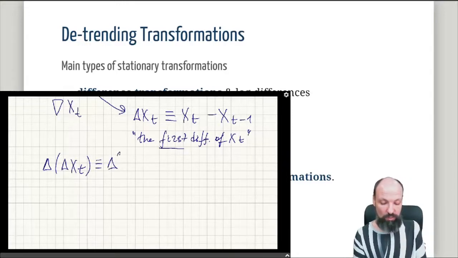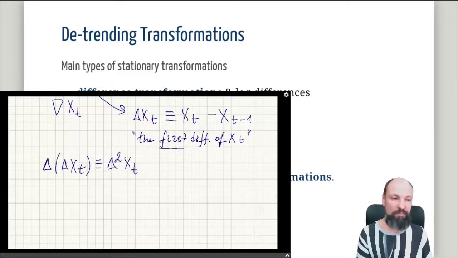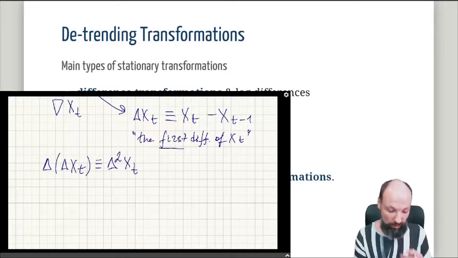Short notation for that would be this. Does it look familiar? Have you seen it somewhere before? Maybe in macro class, in statistics somewhere. Okay, probably not.